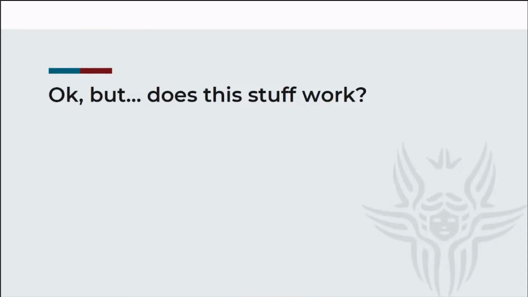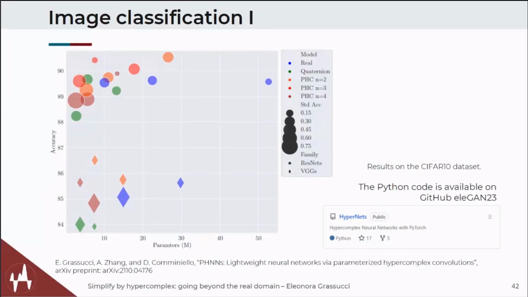Okay, does this work? And the answer is yes. We tested it on lots of problems, both image and audio applications. Starting from images, this is a plot from some tests we conducted on the CIFAR-10 dataset, and basically you have to focus on the reddish models that achieve the best performance, while crucially and drastically reducing the number of parameters for any model we test.